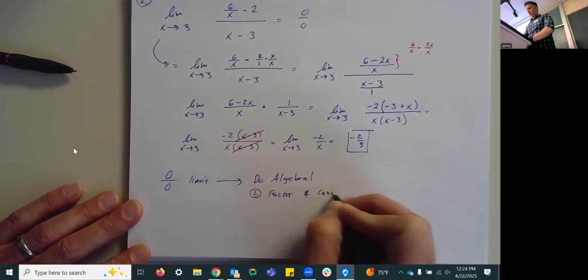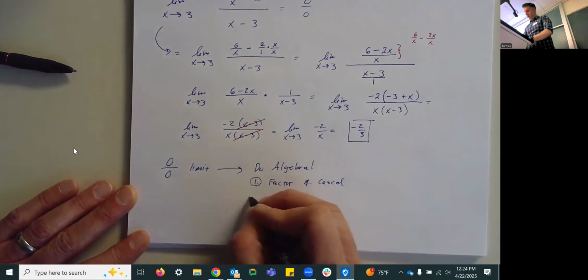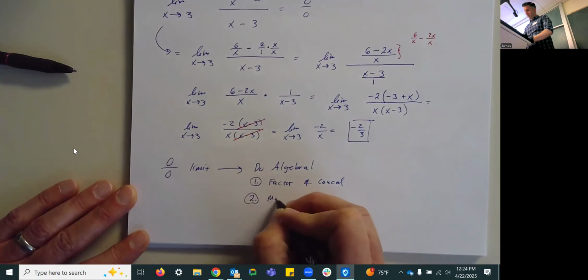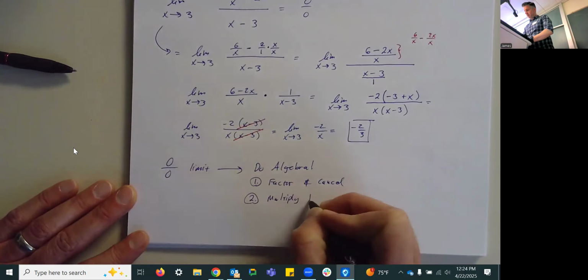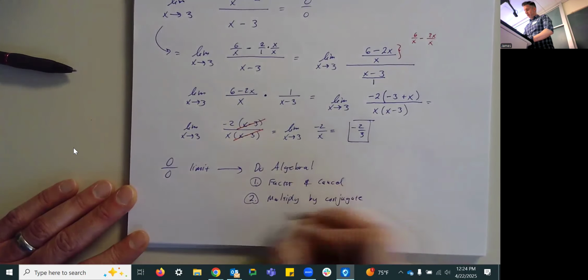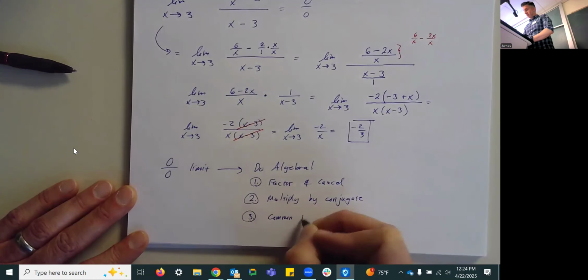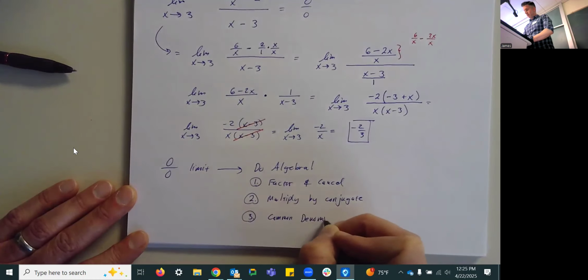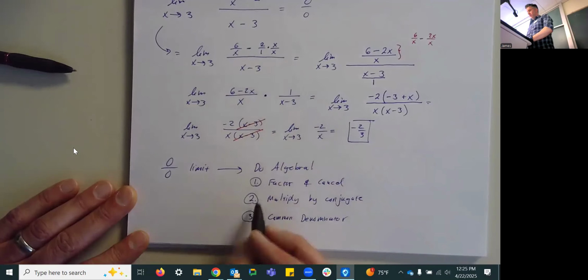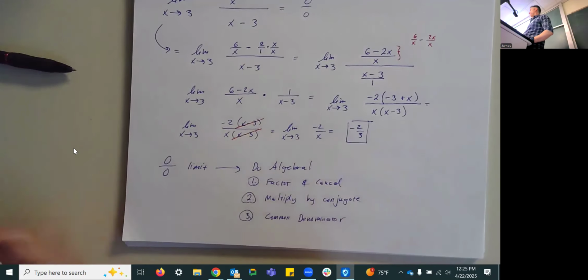And usually there's always some amount of factoring and canceling, even if you do these other two things first. Or first multiplying by a conjugate, if there's a radical, or getting a common denominator if you have fractions in fractions. And again, these second and third things we do often then lead back to the first thing, which is still some factoring and canceling.